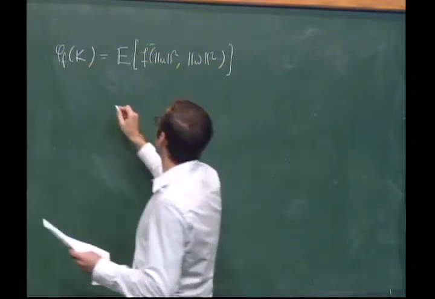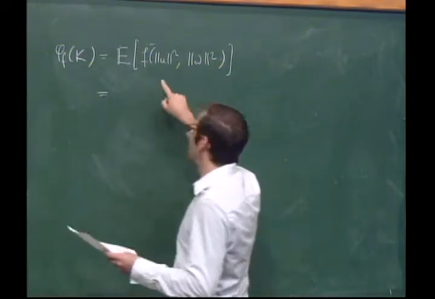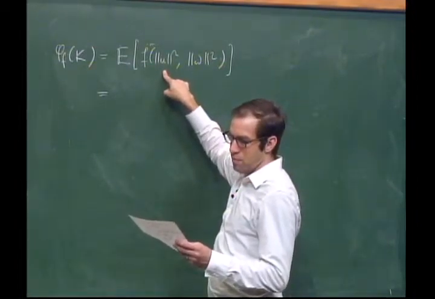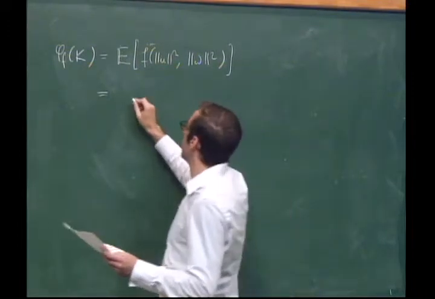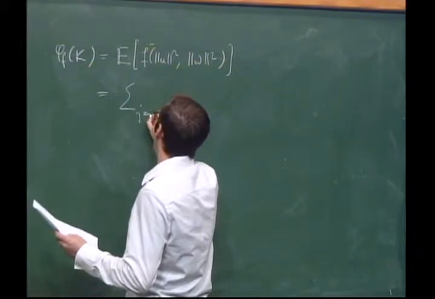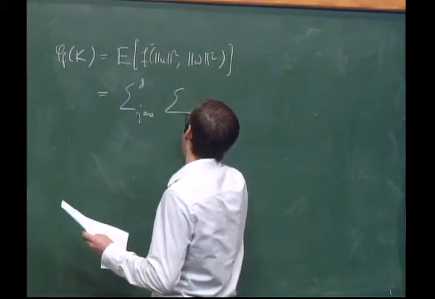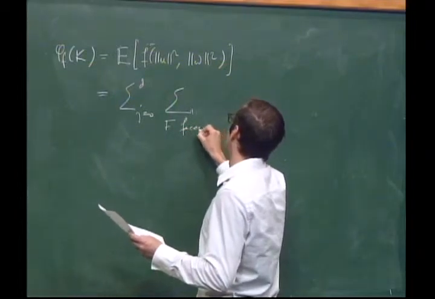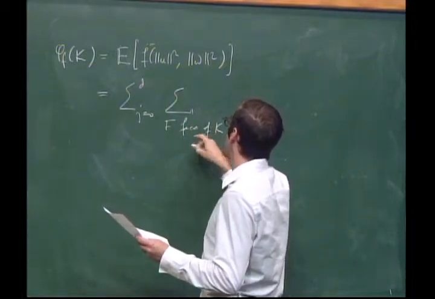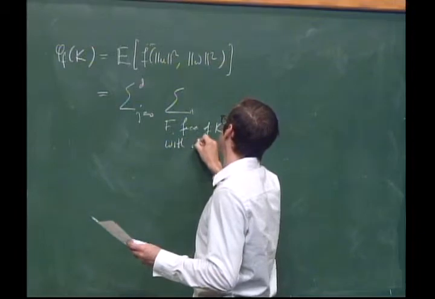And now we're just going to split space into j-dimensional faces. Okay, so we're going to sum over all possible dimensions j of a face, and now we're going to sum over all faces of K with dimension j.